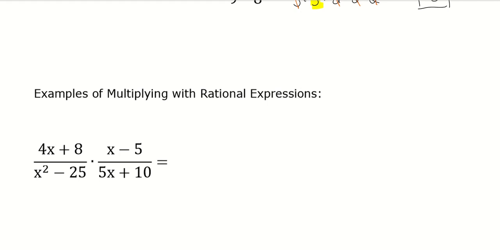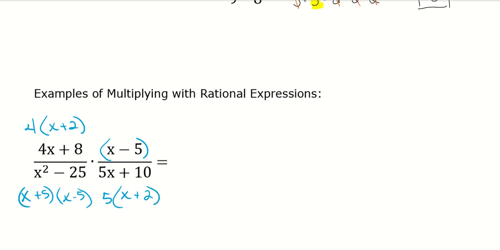So 4x plus 8 becomes 4 times x plus 2. My x minus 5 is already factored to its lowest form. x squared minus 25 is x plus 5 times x minus 5. And here I have 5x plus 10. I can take a 5 out, leaving x plus 2.